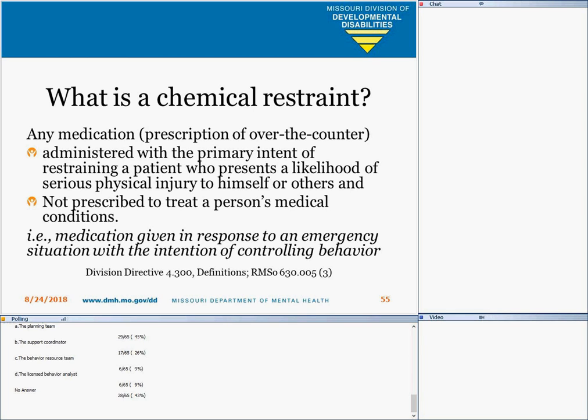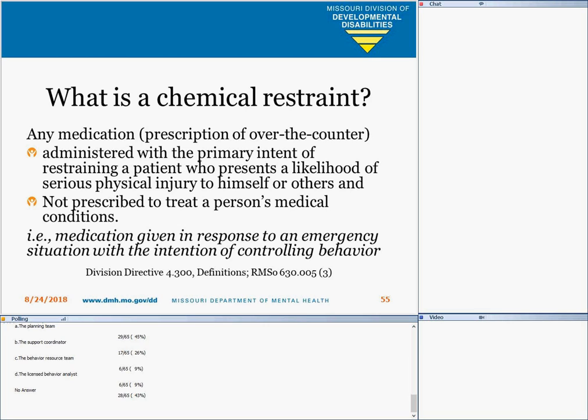No, they were given medication to prevent seizures. So that example does not meet the definition of chemical restraint, even though the person often takes a nap after taking it, because that seizure medication was given to treat a medical condition.